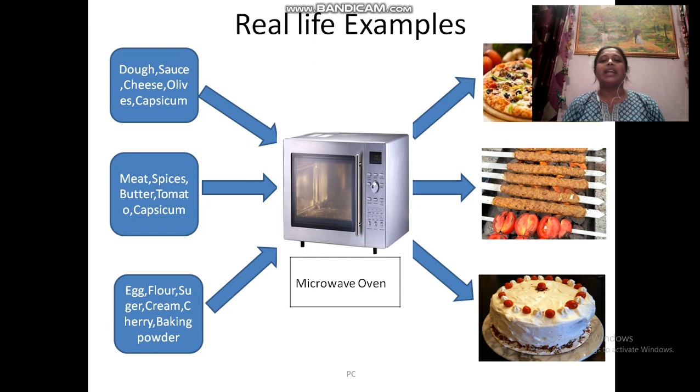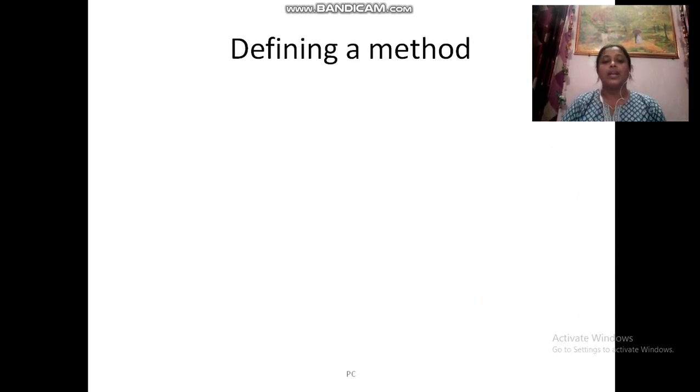Now, after getting the real life examples, we need to know what is actually a method and how to write it in a Java application. So let's see. Defining a method means how to write a method in a proper structural way.